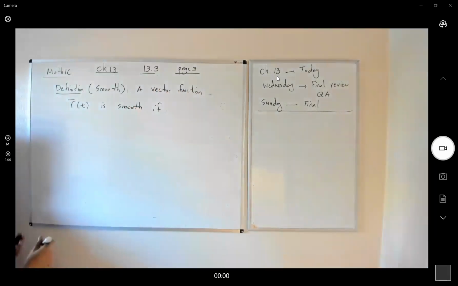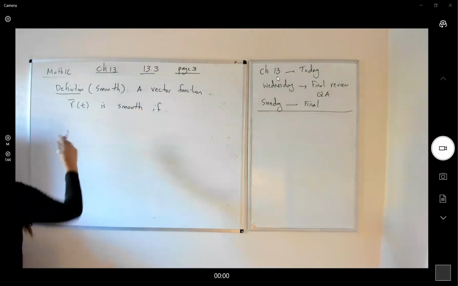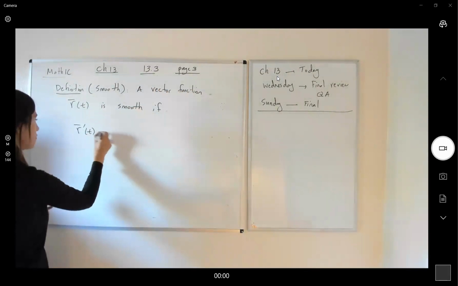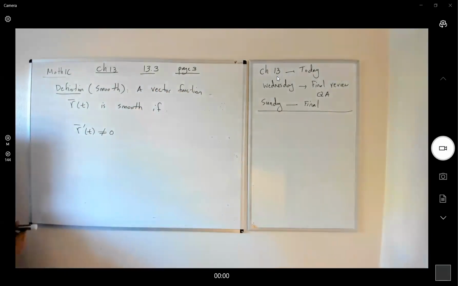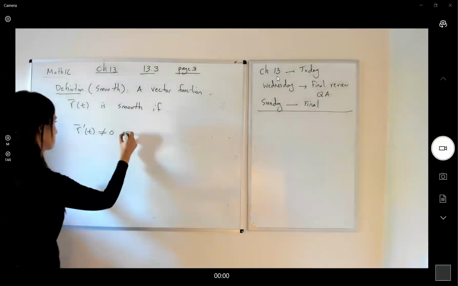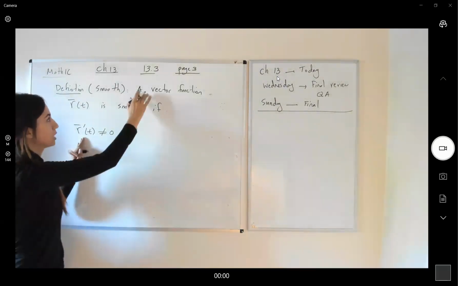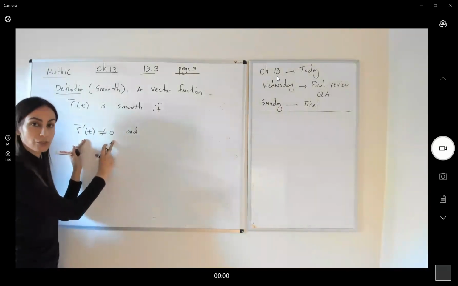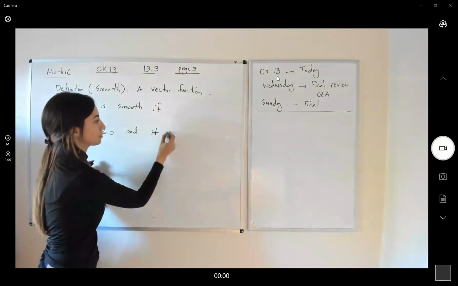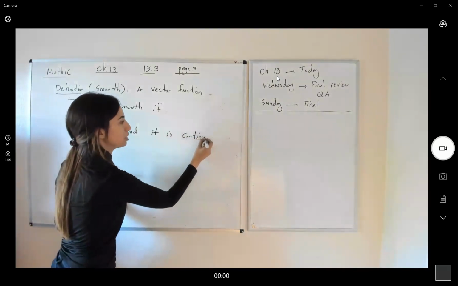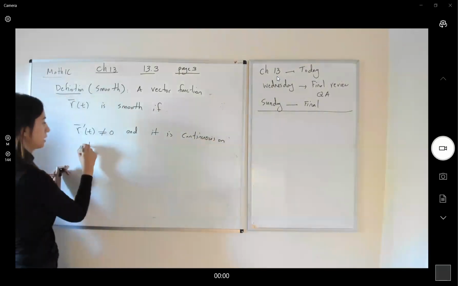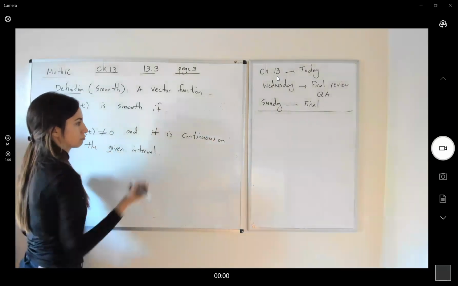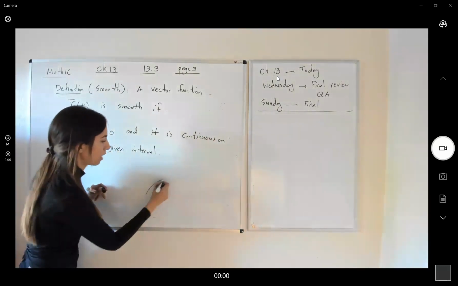if we take the derivative of our vector function, the derivative is never 0, and so the rate of change of your vector function is never 0, and it is continuous on the given interval. So suppose you have a curve.